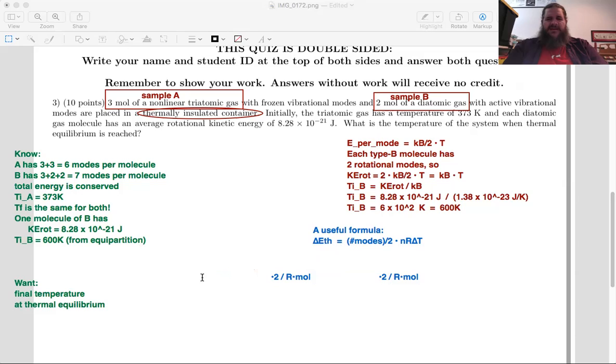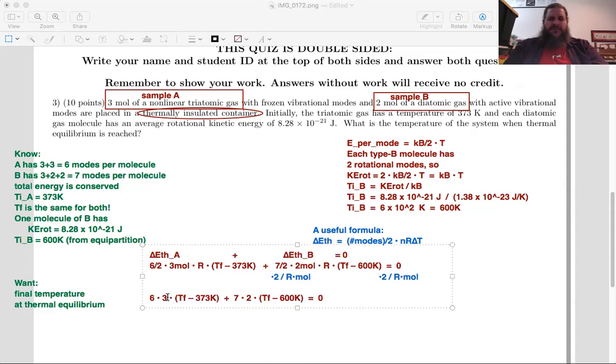So we should get, canceling out the 2, the R, and the moles, we just get 6 times 3 times (T final minus 373) plus 7 times 2, because we're canceling out the divided by 2 and canceling out moles and canceling out R, times (T final minus 600 Kelvin) equals 0.